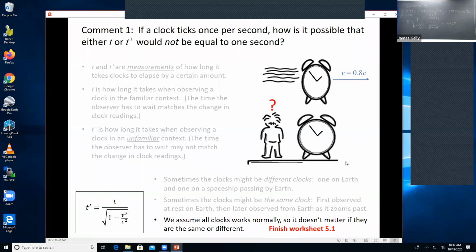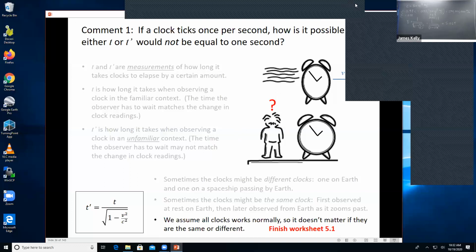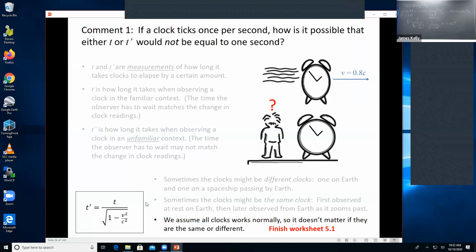Okay, so let's finish up. I know some of you have gone ahead on worksheet 5.1, but finish up the other parts of this. I'm going to send the Zoom folks to a breakout room again, where you can think more about using this formula. You're going to need that formula in order to do the rest of the worksheet.